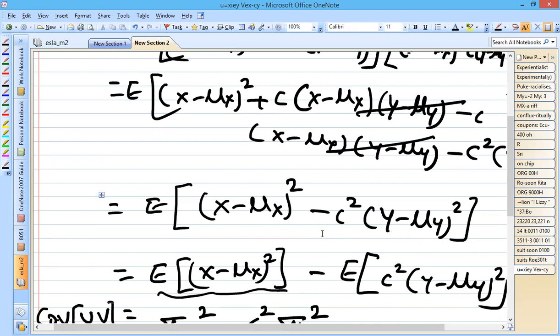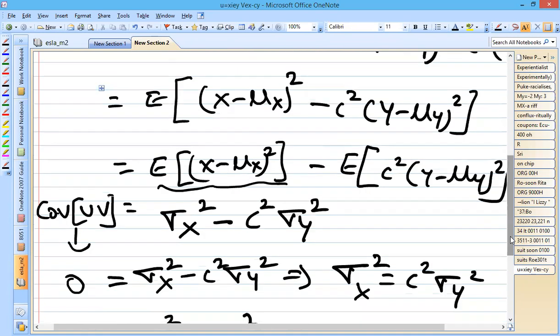Now applying the linearity property of the expectation operator, we get the expectation of x minus mu x whole square minus the expectation of c square into y minus mu y whole square. The minus is written outside because you can see that the minus is there. This expectation of the square of a random variable about its mean is nothing but the variance of the variable x.